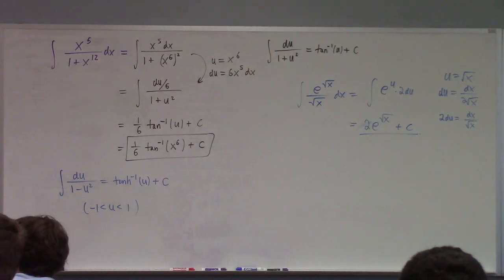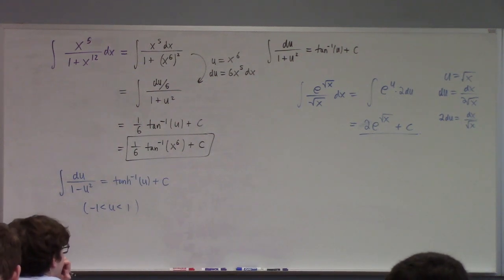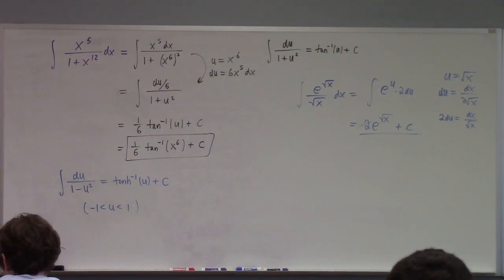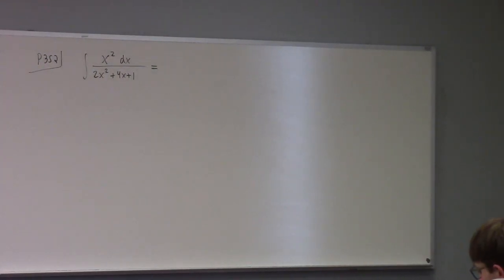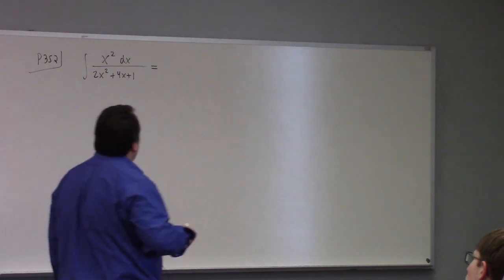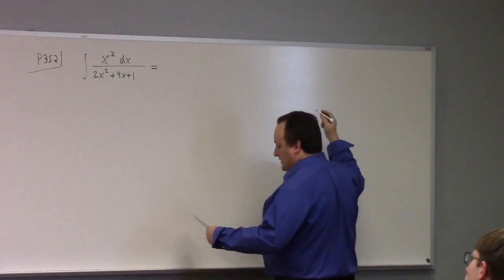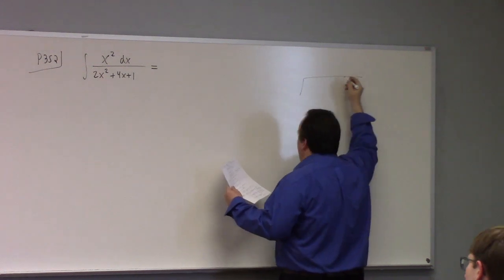I've got a quadratic upstairs, I've got a quadratic downstairs, right? So the first order of business whenever you see something like this is to do long division or some algebra to convert it to a polynomial plus a rational function. Unless, of course, by some magic, you can just let the denominator be u and things happen, but that would be surprising.